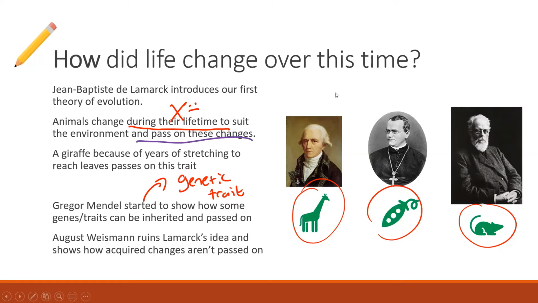You don't inherit tattoos, and this is why I gave that lesson. That's an acquired change. Just like how even if a giraffe stretches its neck over its whole life and gets a longer neck, that's an acquired change. That doesn't mean that their children are going to get it. That's where we have to have this idea of genetic traits.